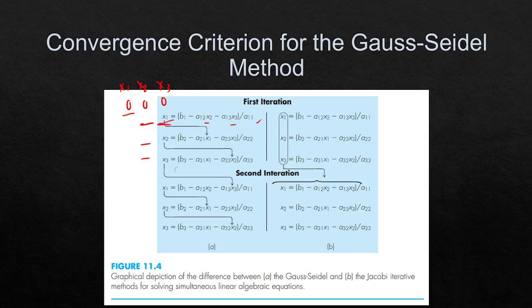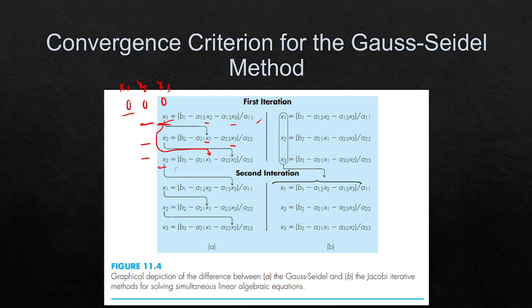Since you're finding x1, you update it in your second equation. Since we haven't solved x3, you will use the initial value, which is 0. For the third equation, you'll be updating with the value of x1 and your x2 here. So you are just updating the substitution of values until you get the values of the roots.